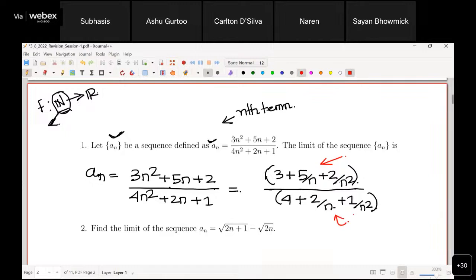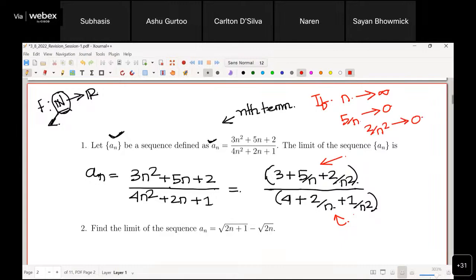What I want to do is find the limit of the sequence. If n goes towards infinity, then 5 by n will go towards 0, and similarly 2 by n square will also go towards 0.